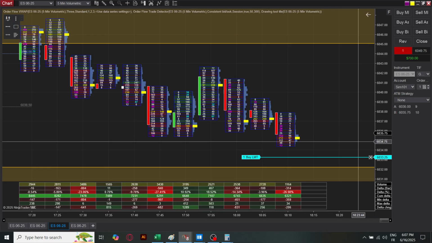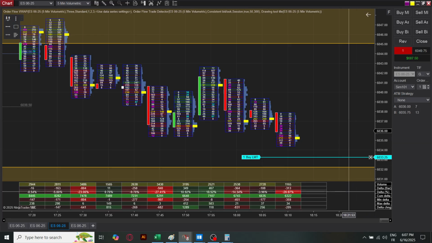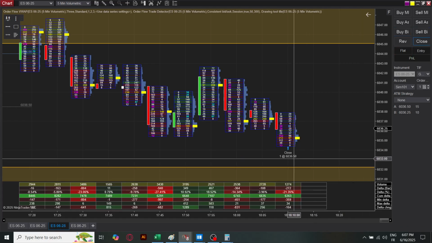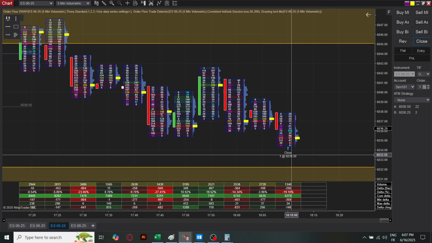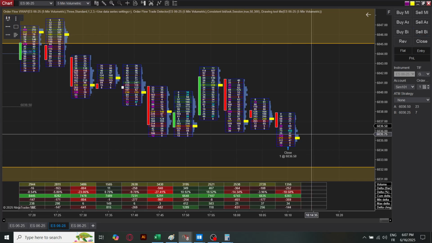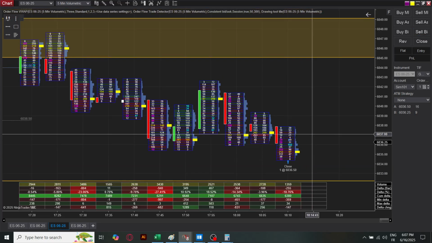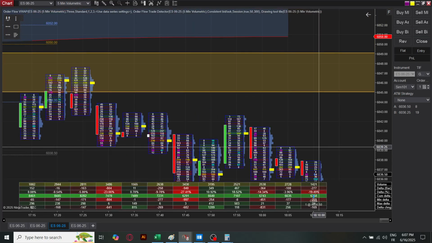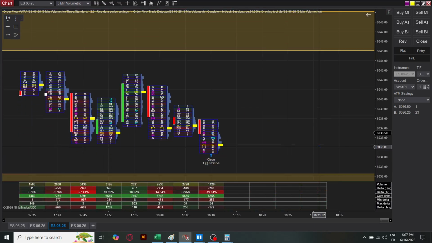Okay guys, I'm not supposed to do this, but I'm leaving right now at this level. Order filled. So let me just close everything. 36.5. We have a 5.75 stop loss, and the entry was at 49.75.